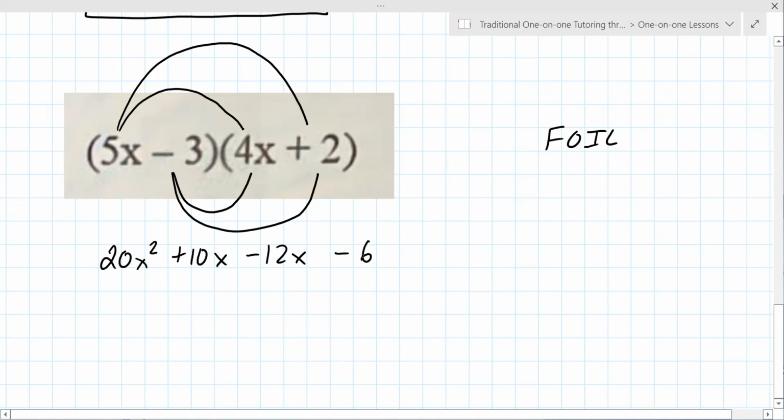So the main mistake that's made here is not associating that subtraction with the number. If there's another subtraction over here, it goes with the thing on the right. Now you just combine like terms. So it's 20x squared minus 2x minus 6.